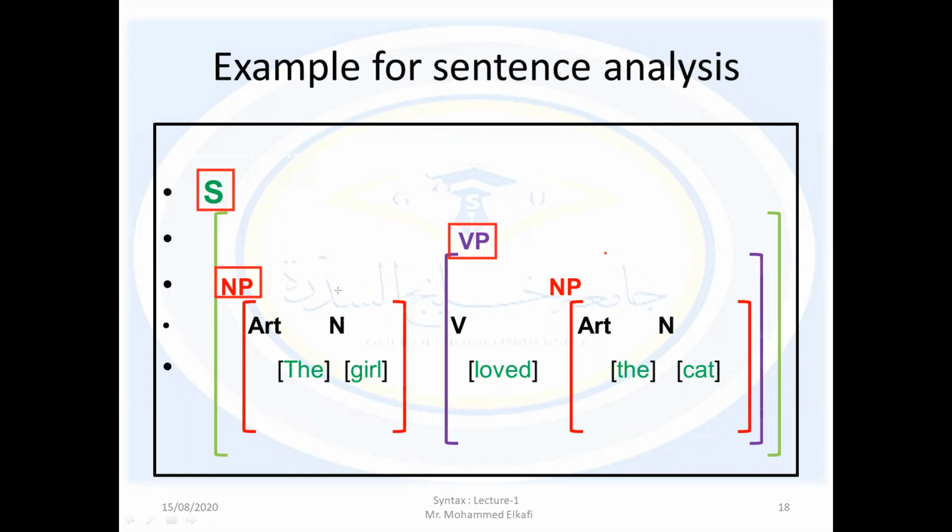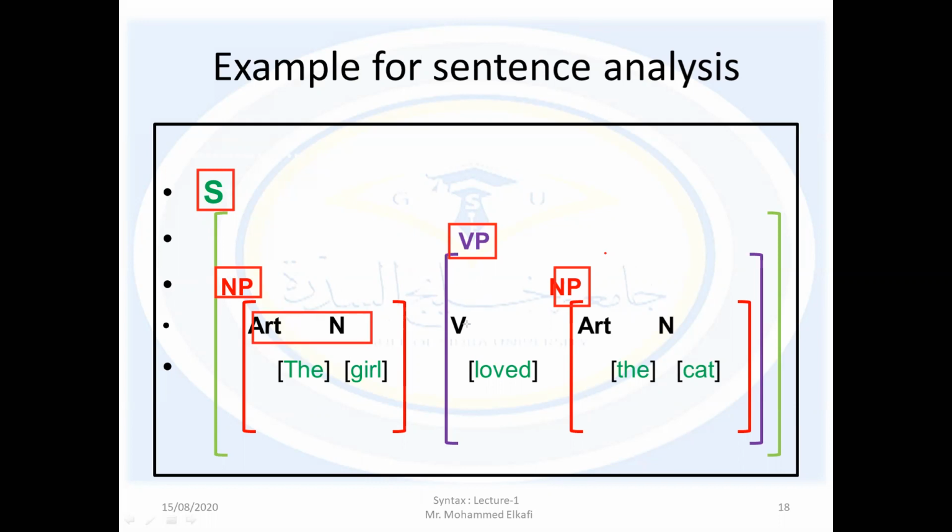And in the verb phrase, we'll find some other smaller component, which is the noun phrase. And inside the noun phrase, we'll find article and noun.